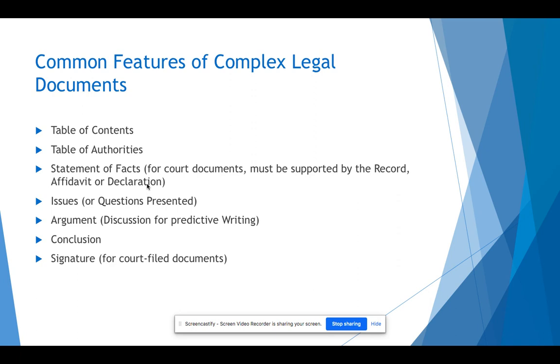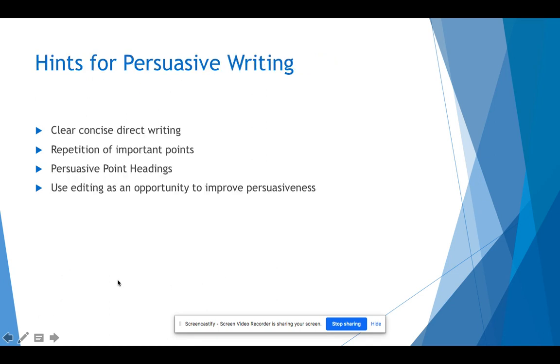You're always going to have your issues. Sometimes they're called questions presented. In something with the court, you call it an argument. If you're in a predictive type legal document, you're calling it a discussion or an analysis, and then your conclusion, and then your signature. If it's a complex legal document, you might have a prayer for relief as well. So what are you asking the court to do?